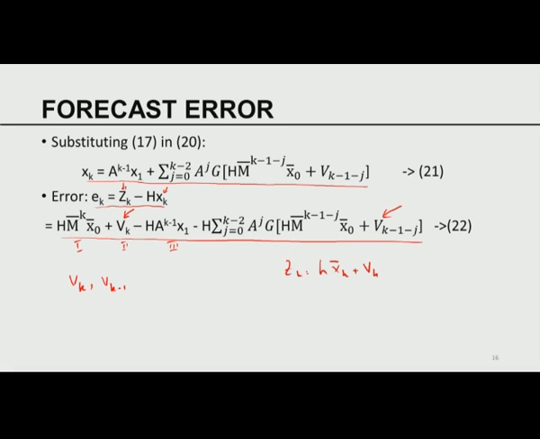When j is equal to 2, that depends on Vk minus 2. When j is equal to k minus 2, that depends on V1. So therefore Ek, the error, does not only depend on Vk but also the entire sequence in the past. It is this dependency of Ek on the entire noise sequence up to and including time k that induces the serial correlation. I hope that part is clear to you. It is this serial correlation I am now going to have to extract.